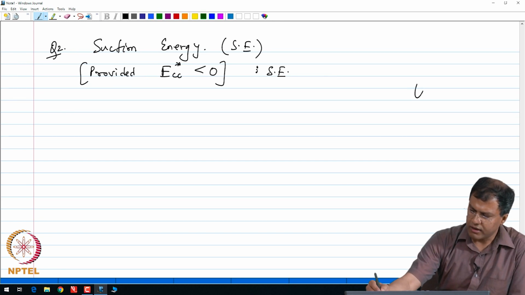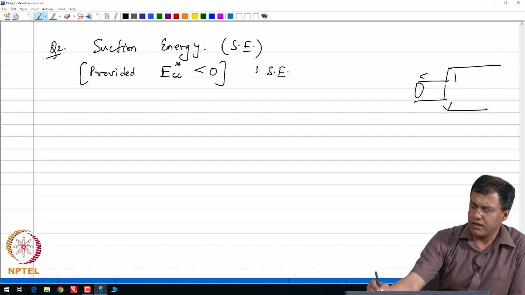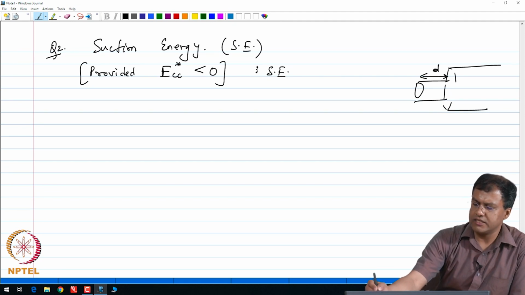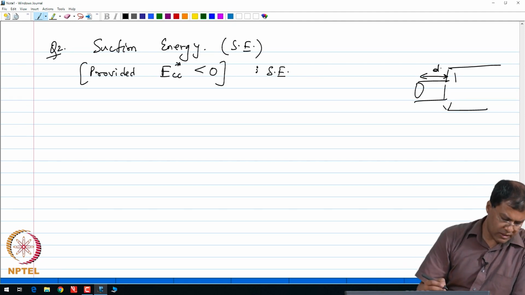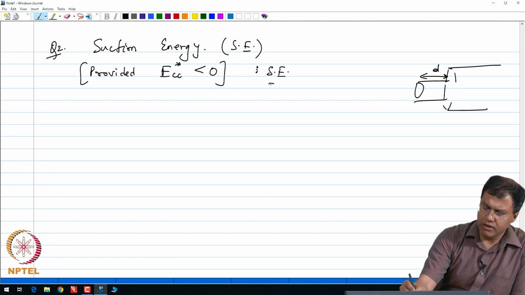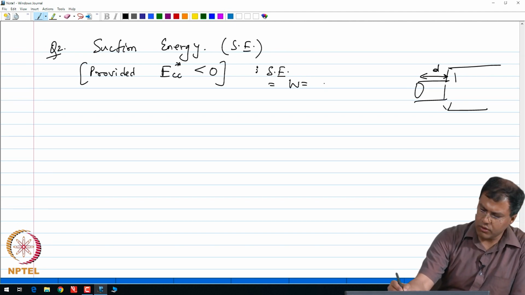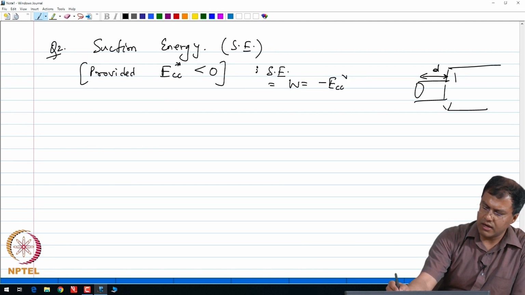So, again my cylinder is as follows. I see that the inner cylinder has been extruded initially by a distance d. So, my suction energy will be equal to the work done, which is also equal to negative ECC star times d.